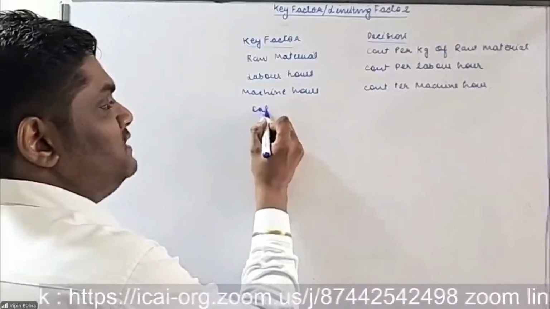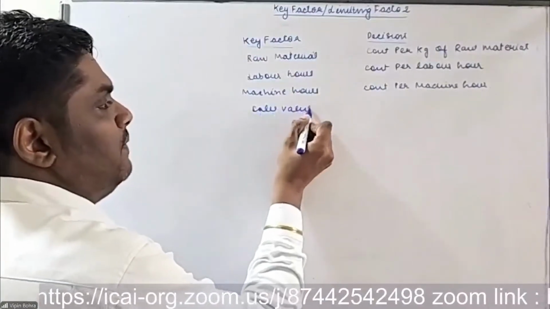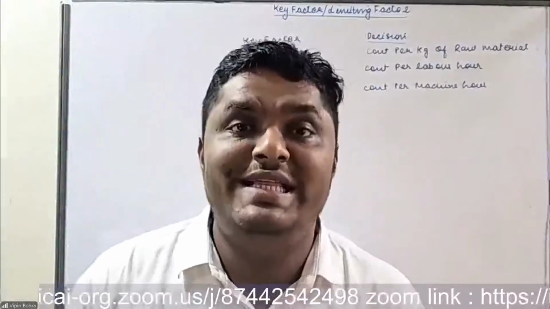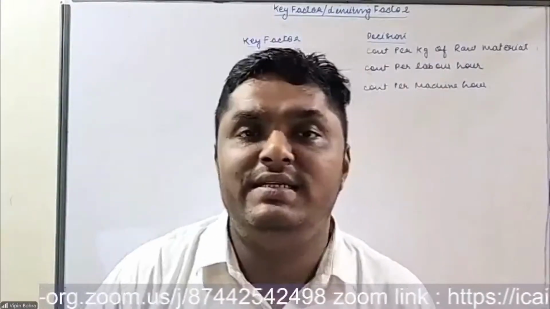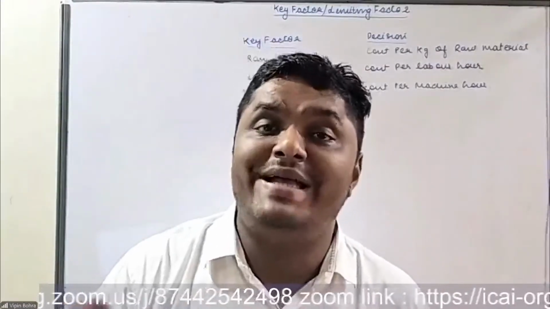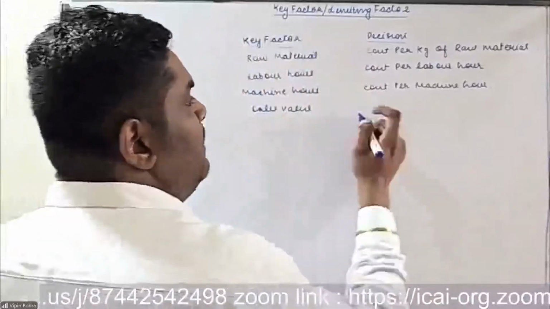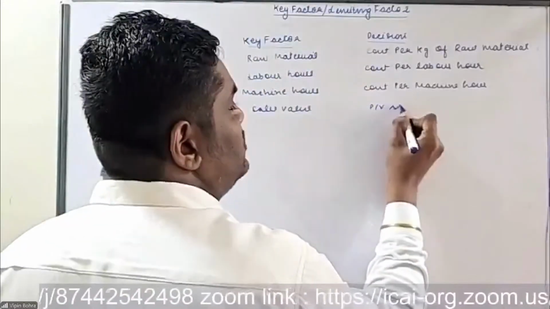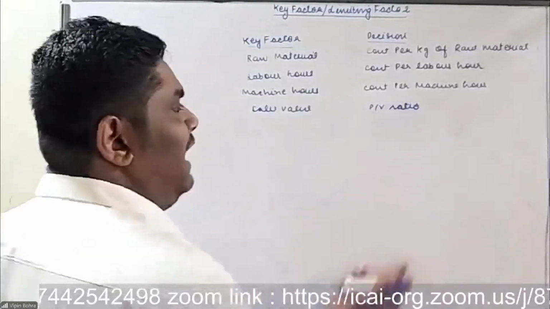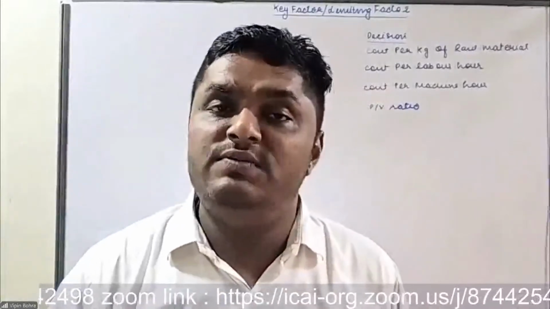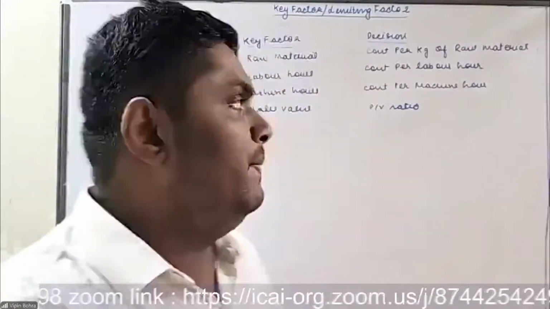Let's say if sales value is my key factor, that is, let's say in the question you cannot do sales of more than 1 crore or more than 50 lakh. So this is the maximum sales amount. So if sales value is the key factor, my decision will be based on PV ratio. The product with the highest PV ratio will be selected.